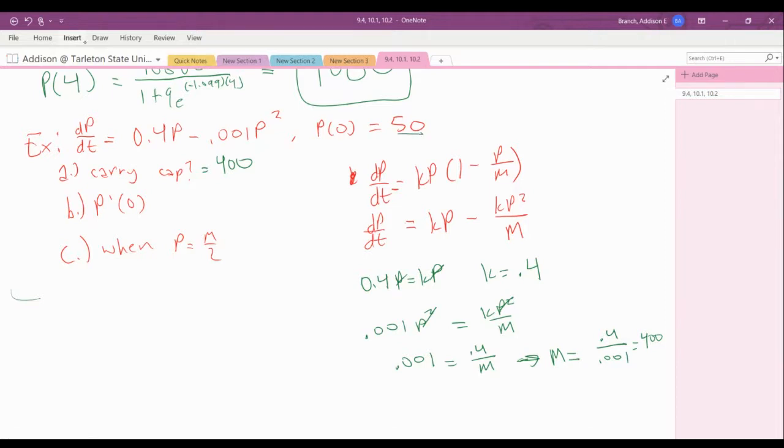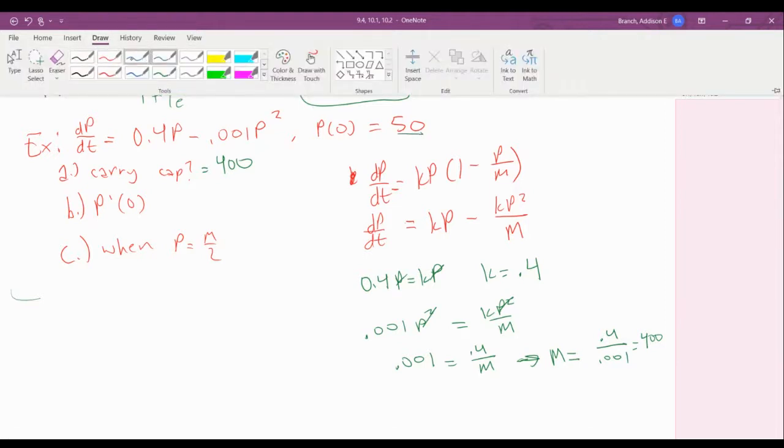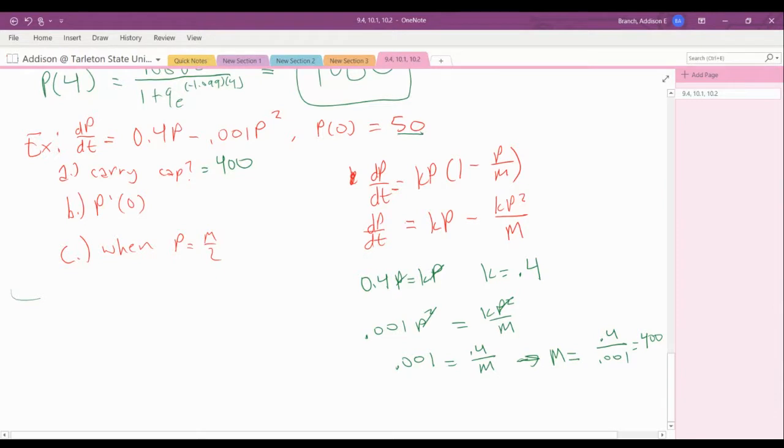So all we have to do, let me switch colors so we're not getting A, B, and C all mixed up, is just plug this initial population into our growth rate formula. So we do dP over dt is equal to 0.4 p naught minus 0.001 p naught squared.